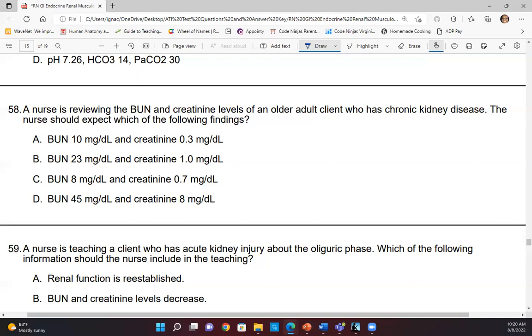Let's look at C. The BUN is 8 and the creatinine is 0.7. Okay. So the BUN level, I wouldn't expect it to be decreased in a chronic kidney patient. I would expect it to be elevated, really elevated. So here's an example.